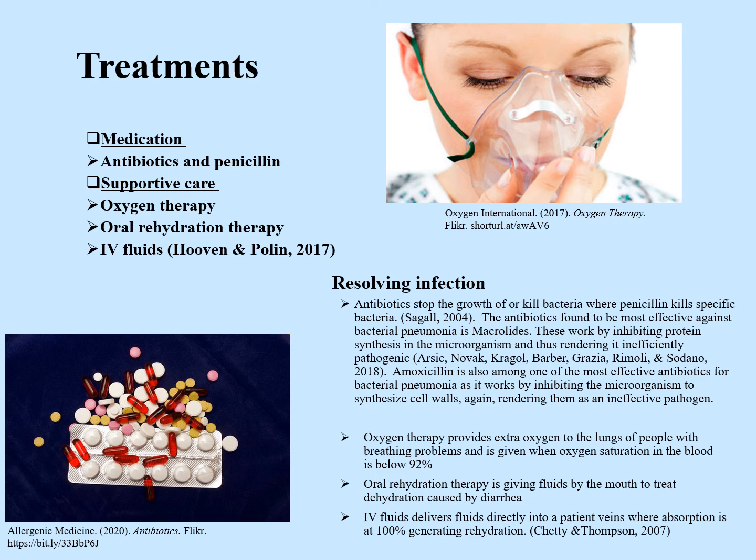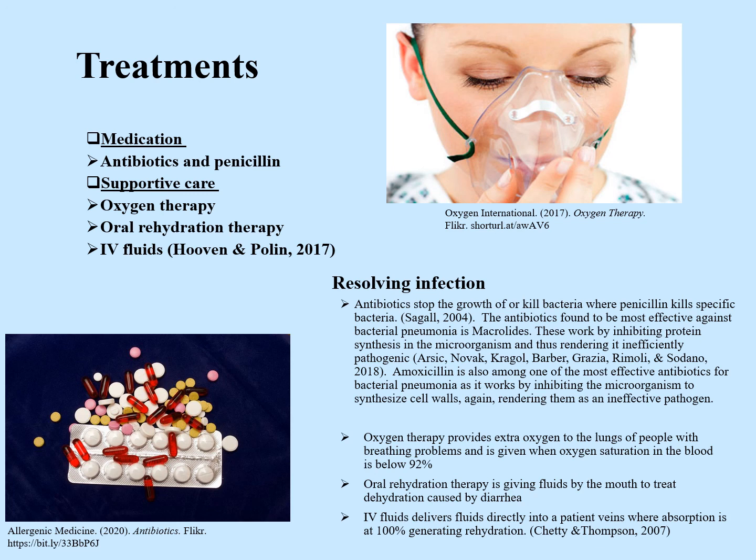The antibiotics found to be most effective against bacterial pneumonia is macrolides. These work by inhibiting protein synthesis in the microorganism and thus rendering it inefficiently pathogenic. Amoxicillin is also among one of the most effective antibiotics for bacterial pneumonia as it works by inhibiting the microorganism to synthesize cell walls, again rendering them as an ineffective pathogen.